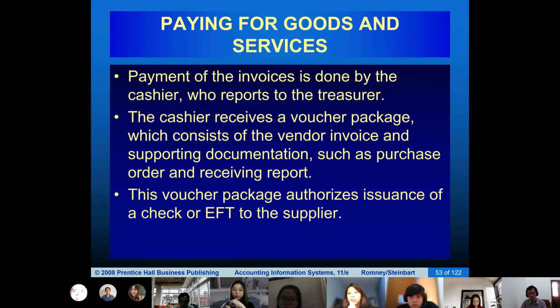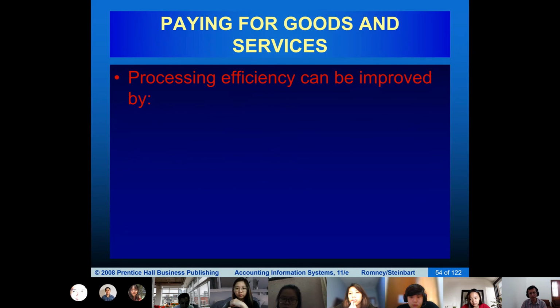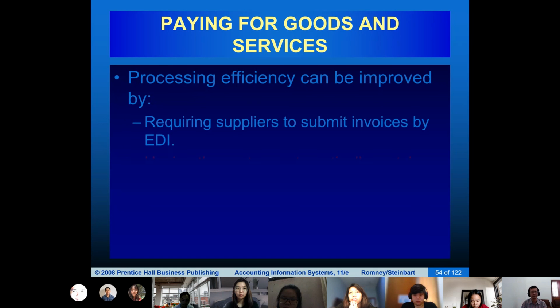And as I mentioned to you last week, as much as possible, avoid paying cash except for petty cash, small payments under $1 million, for example. But for any others, use non-cash payment, bank transfer, credit card, check, or whatever.